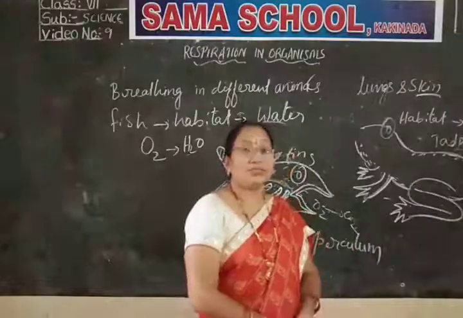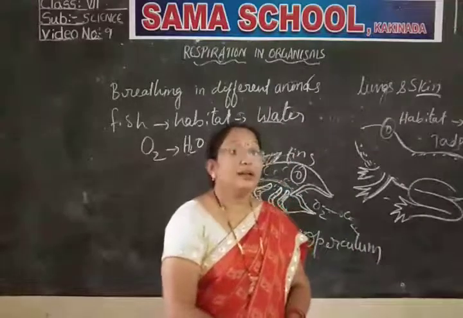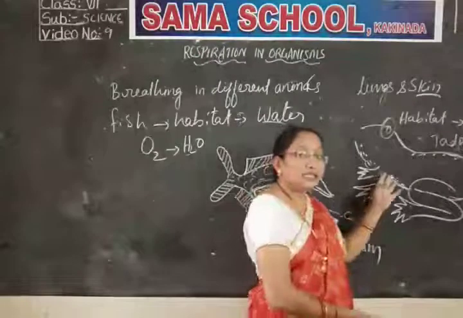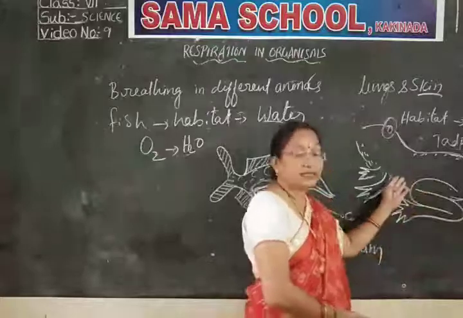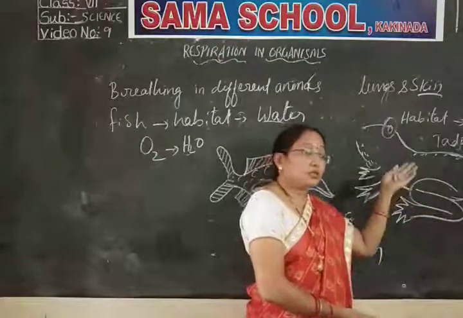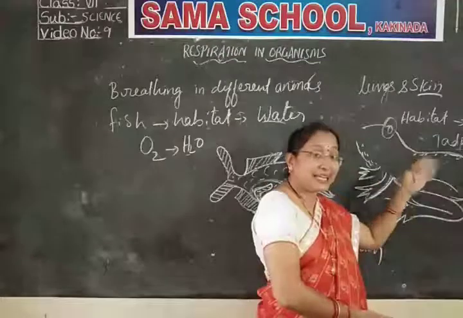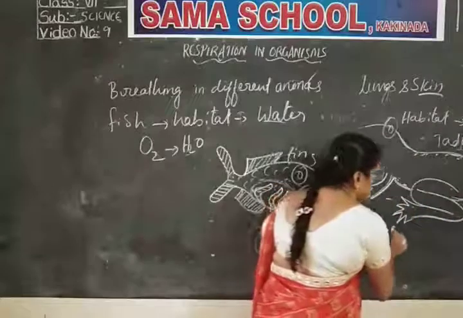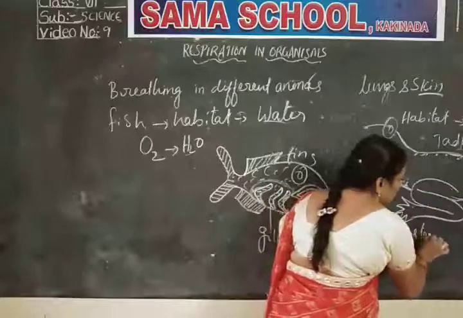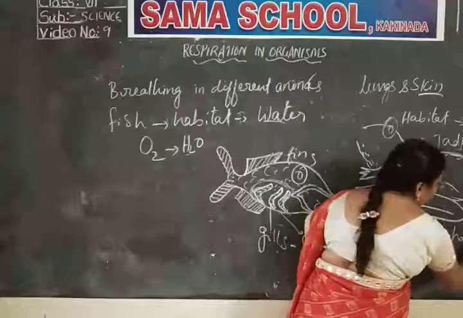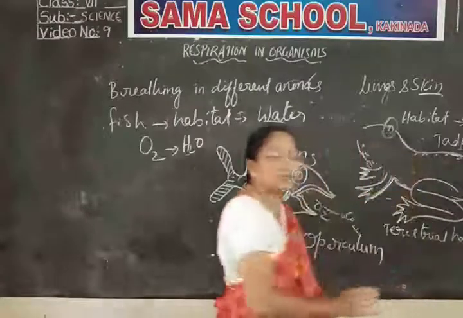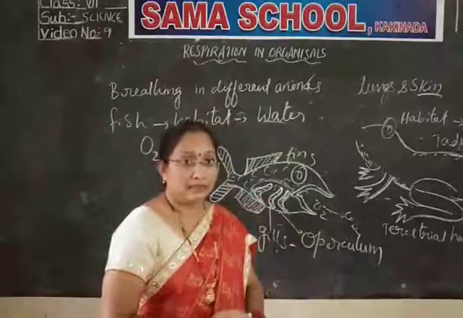In the rainy season. Yes, you can observe these frogs very clearly in the rainy season. So the frogs which have a terrestrial habit. What is that? Terrestrial habitat. Terrestrial means which lives on land.